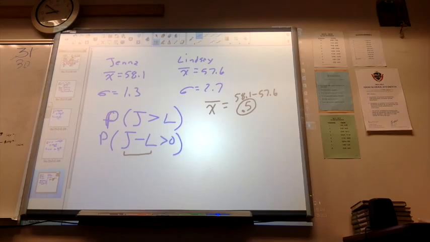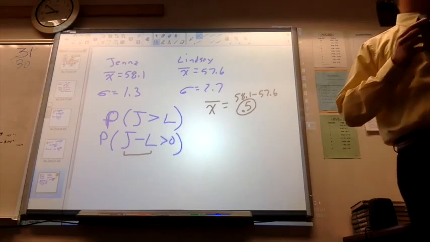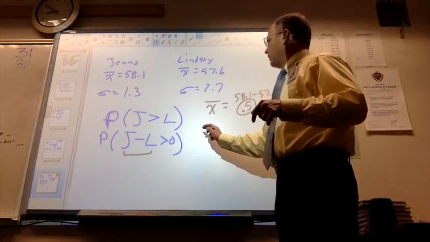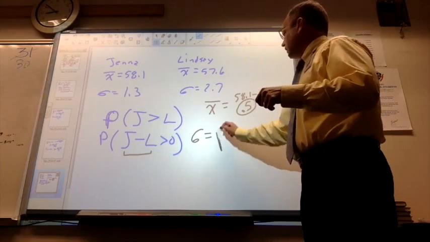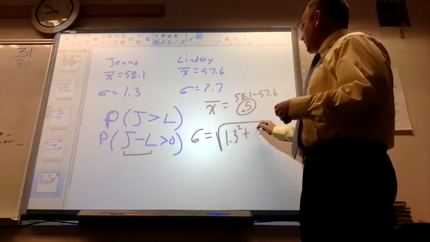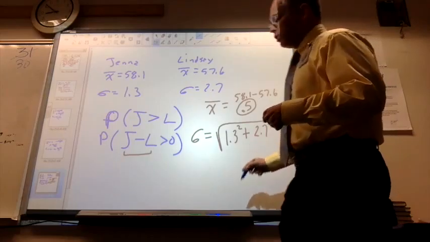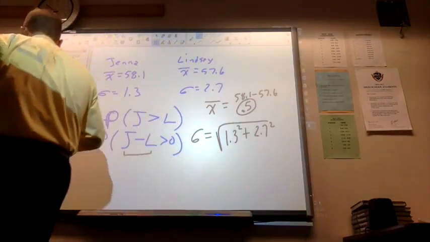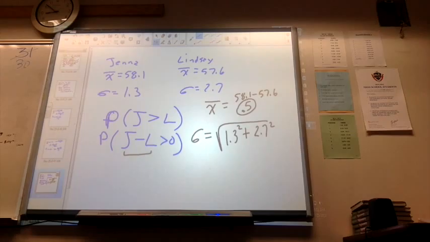And then, what do I have to do with the standard deviations? I forget. Square root. I'm going to square them and square root them, right? So in order for me to find my new standard deviation, I'm going to take the square root of the first standard deviation squared, and I'm going to add it to this squared. So on your calculator, go 1.3 squared plus 2.7 squared. Whatever that answer is, raise it to the 1/2 power.